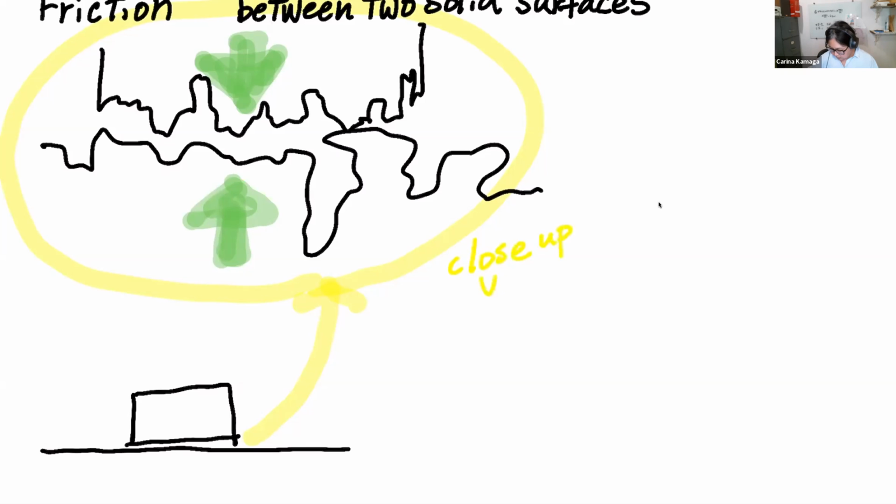When you have an object and there's a force pushing it to the right, then there's going to be a friction force applied in this direction.